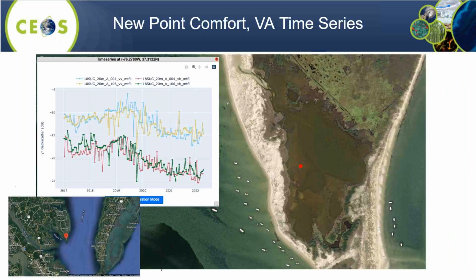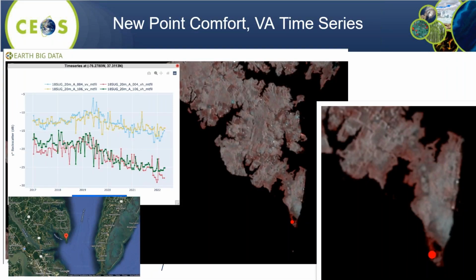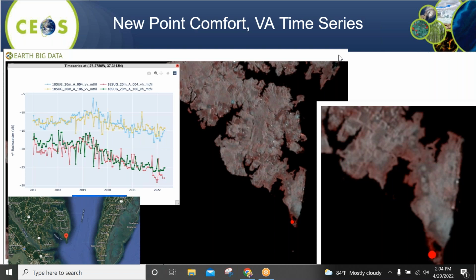And you can even see that over time you're seeing an increase in the fluctuations, which is probably a sign of more tidal activity. If we look at the same type of application over the Newport News area in Virginia, you can see that same type of impact happening with a decrease in backscatter over time. Next slide.